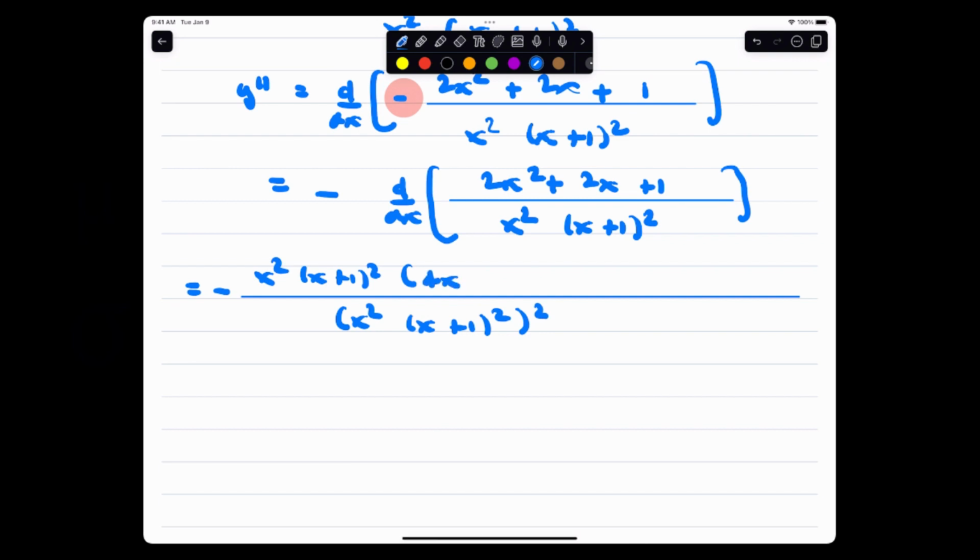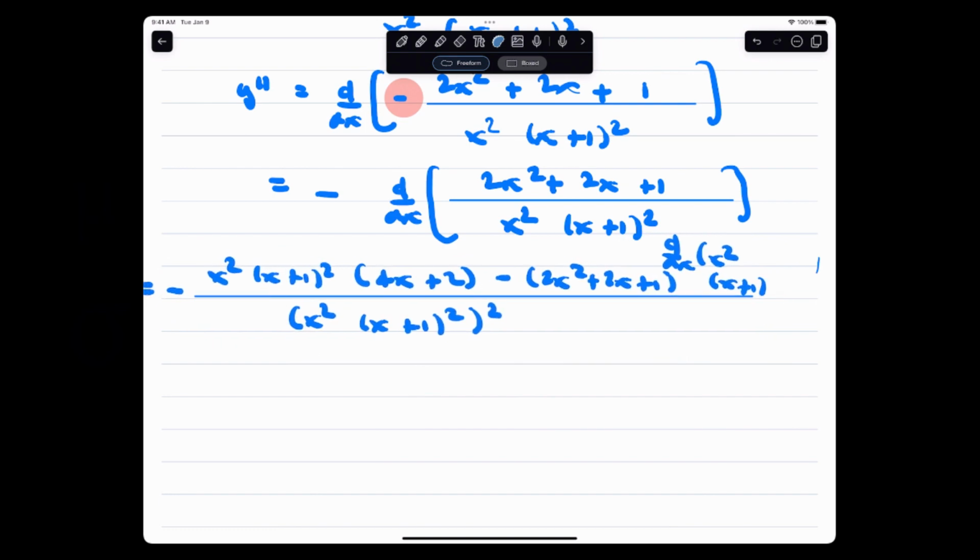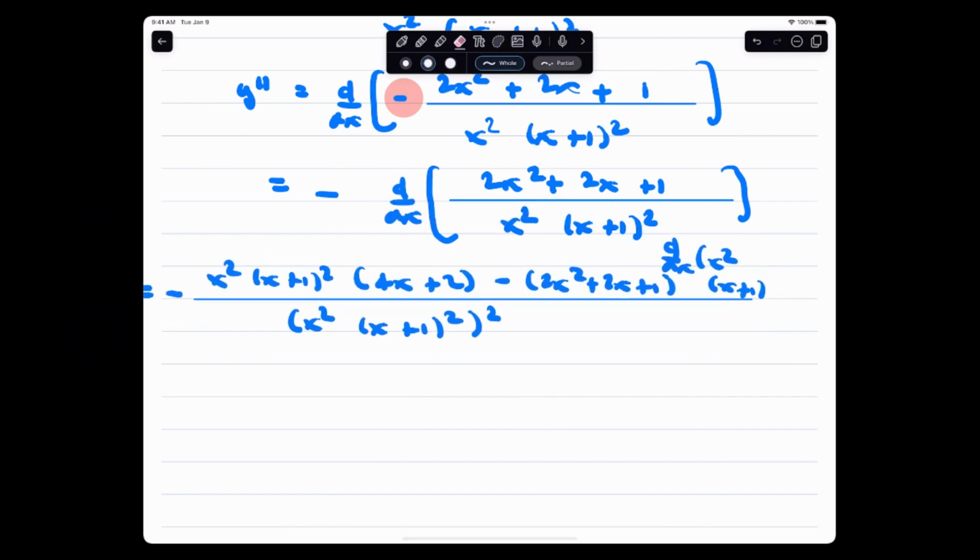You guys okay with that? 4x plus 2 minus 2x squared plus 2x plus 1. I'm not going to do the derivative with this one, though. X squared, x plus 1 squared, okay? And let me try to make it so you can at least see this.